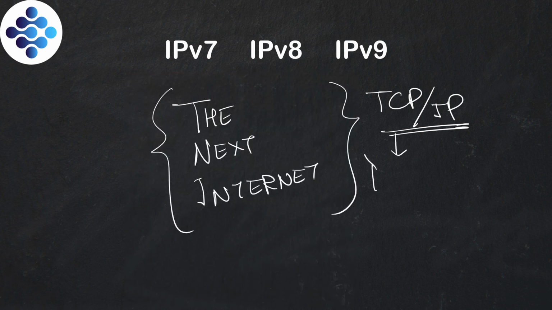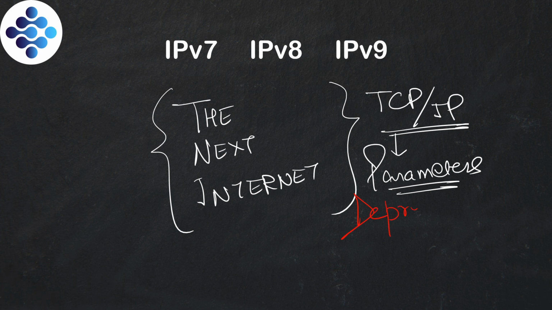It is having so many parameters. But are all these parameters in use? Actually no. They deprecated or removed some of the parameters, and this entire concept is said in the form of IPv7. So that is deprecated options of TCP/IP.